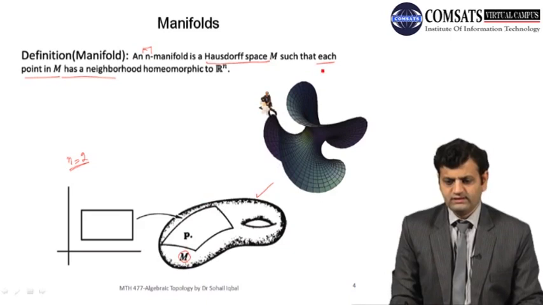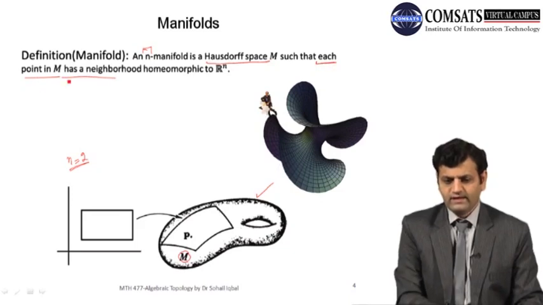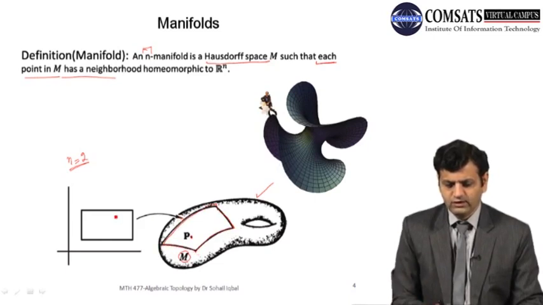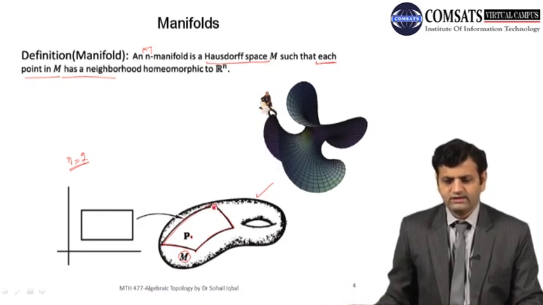To check that, we have to see if each point in M has a neighborhood homeomorphic to R2. So consider this point P. Now we are looking for some neighborhood of P which is homeomorphic to R2. That's what the definition is.